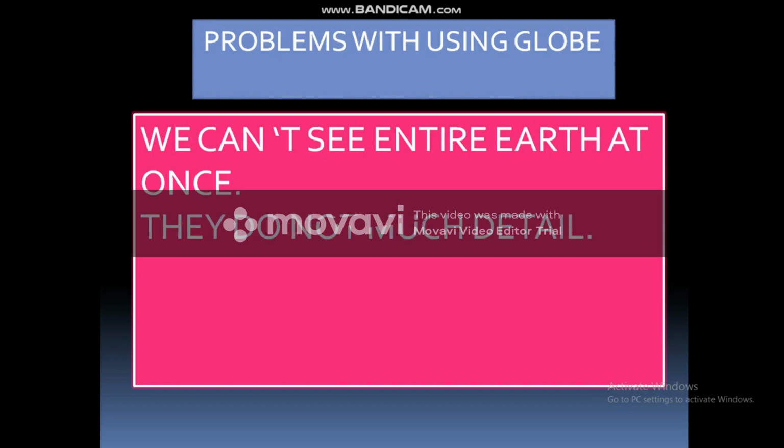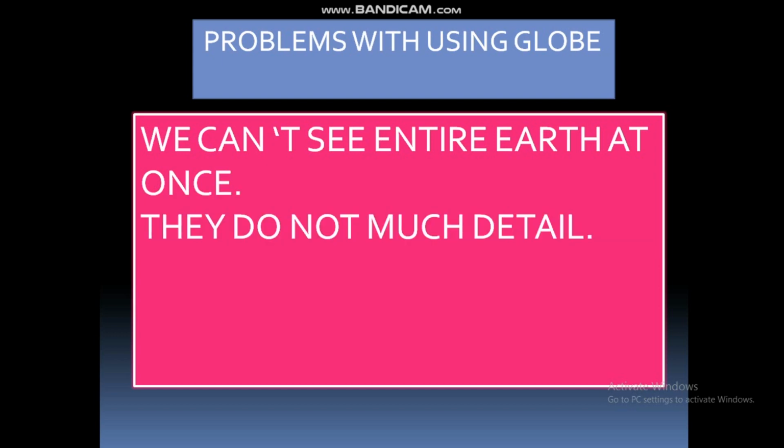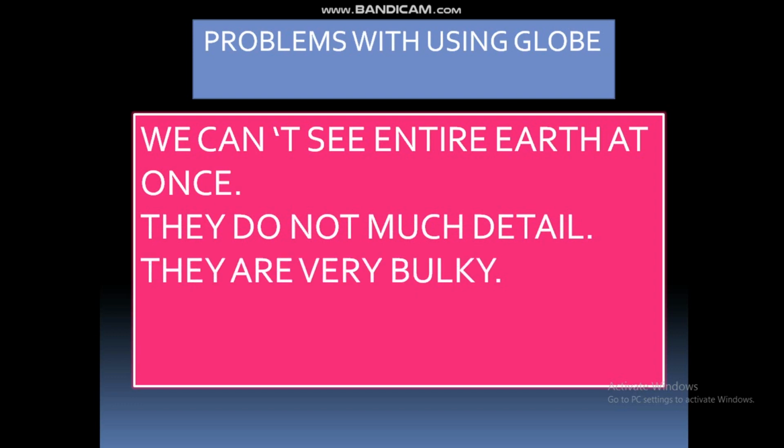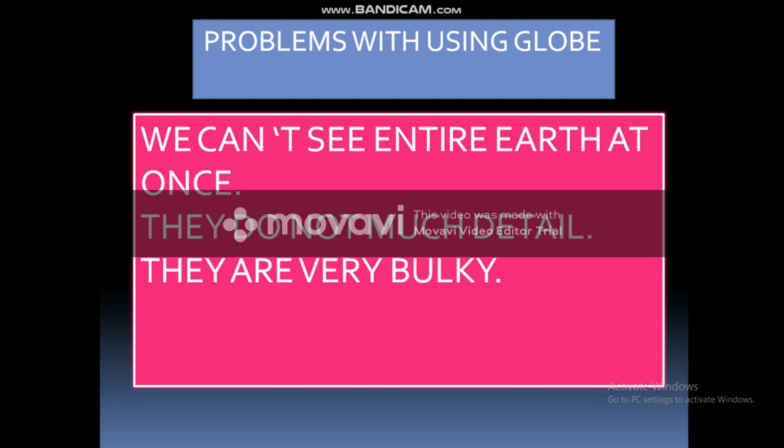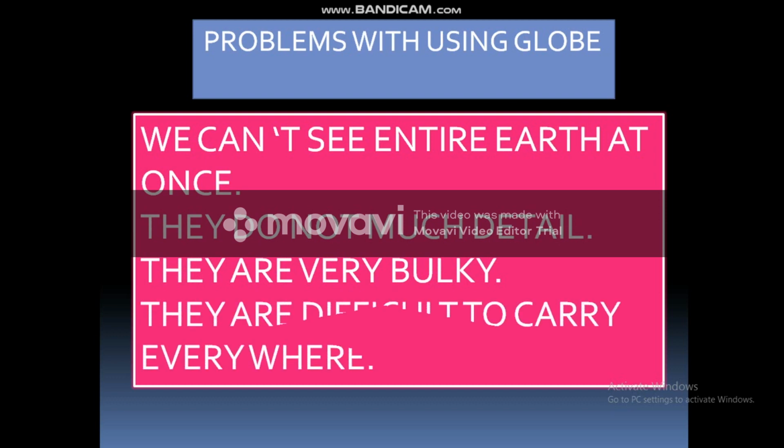Then the second problem is they do not show much detail. A globe only shows continents or oceans, they do not represent much detail. And the next problem, they are very bulky, meaning they are very heavy. So the next problem is also related to that: they are very difficult to carry, or we cannot take them everywhere.